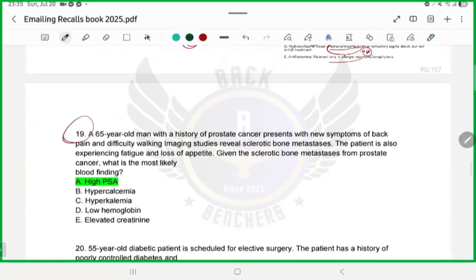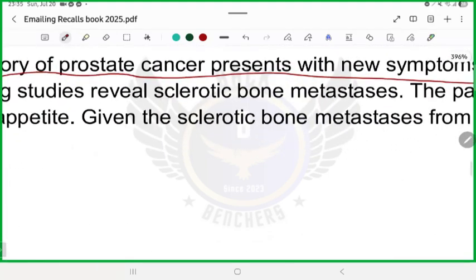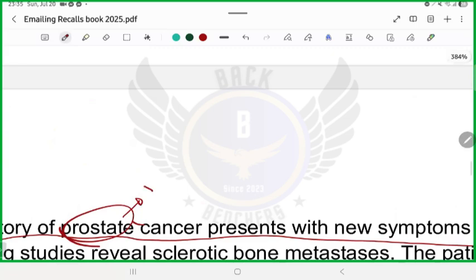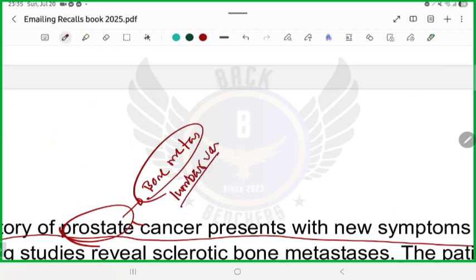Okay. A 65-year-old man with history of prostate cancer with new symptoms of back pain. Anytime a prostate cancer patient comes with back pain, remember it's bone metastasis to the lumbar vertebra through the internal vertebral venous plexus.